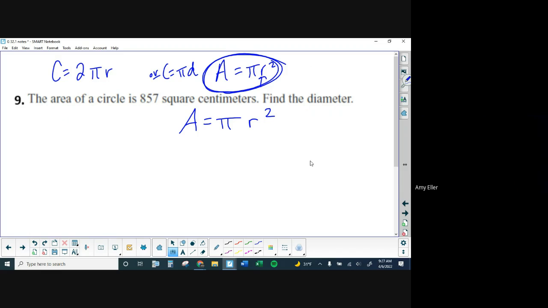Go ahead, get as far as you can. Divide by pi first.